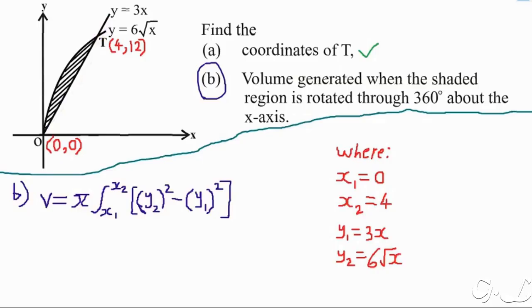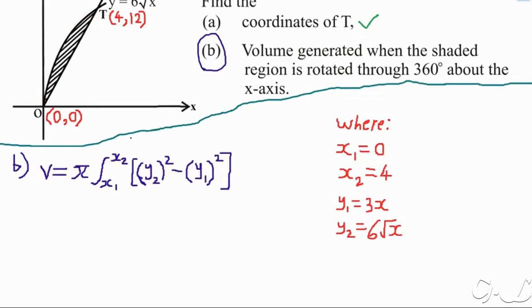The part which is down is y1, and the part which is up is y2. So the part of the curve which is up is y2, and the part of the curve of the shaded region which is down is y1.